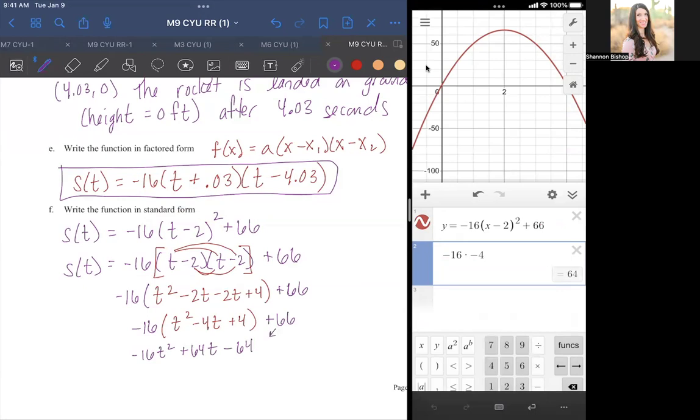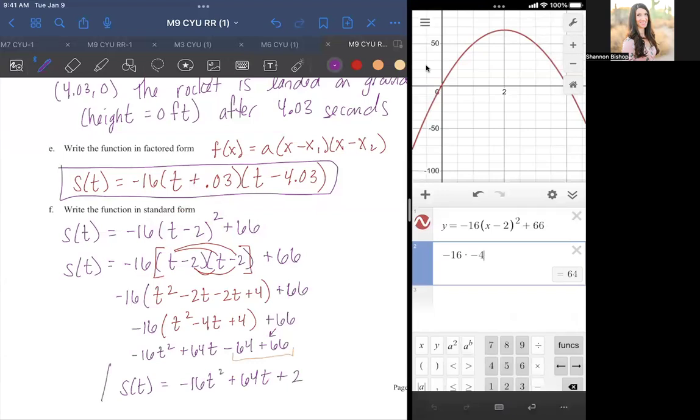Don't forget your plus 66 on the end. And then one last step, you do have some like terms right here on the end now. So to finish this problem, we will combine those like terms. So s of t is equal to negative 16t squared plus 64t. And those like terms on the end make a plus 2.